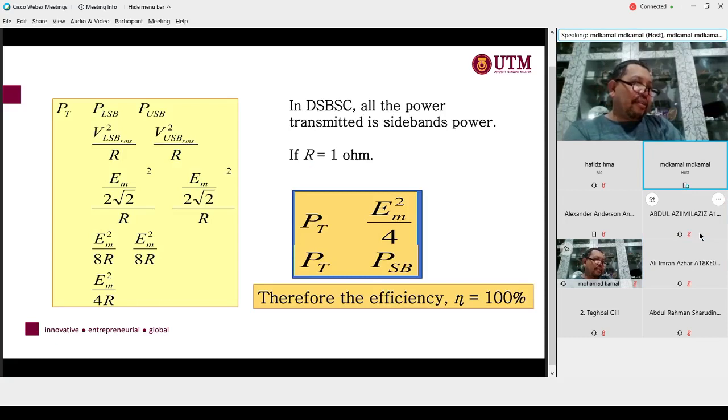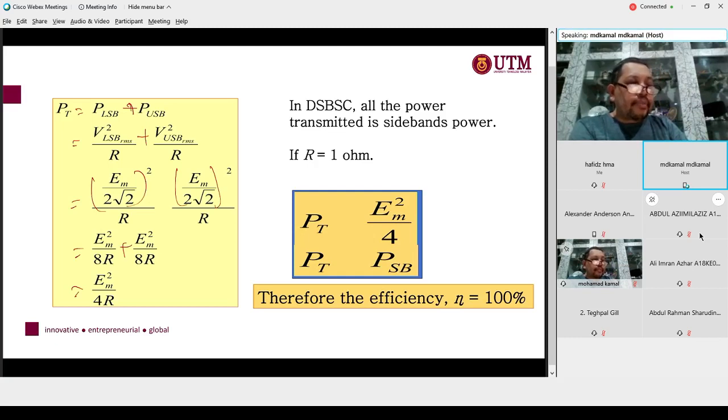Now we are going to look at the power in double sideband suppressed carrier. Total power is equal to the power in the lower sideband plus the power in the upper sideband. As usual, you take V_RMS squared, divide by R, and add them, giving E_m squared over 4R. In double sideband suppressed carrier, all the power transmitted is sideband power.